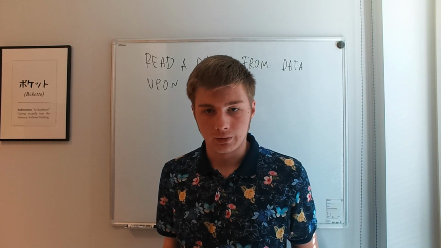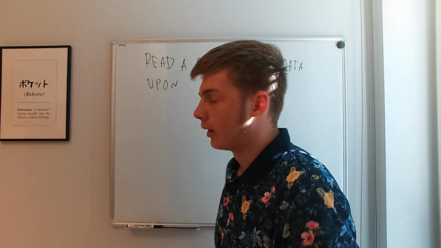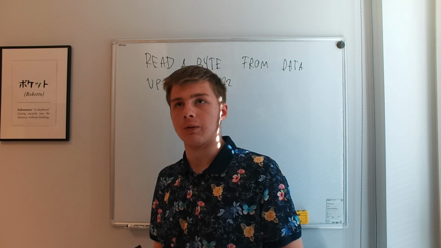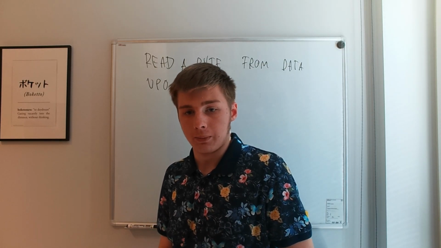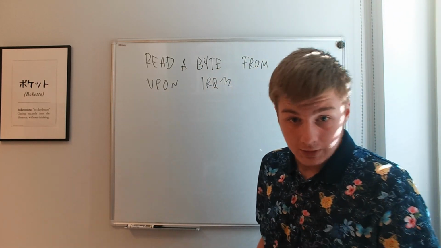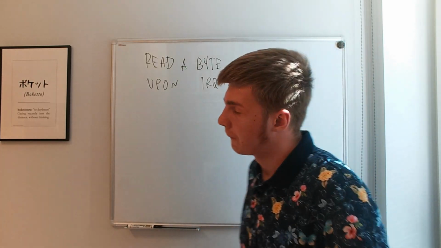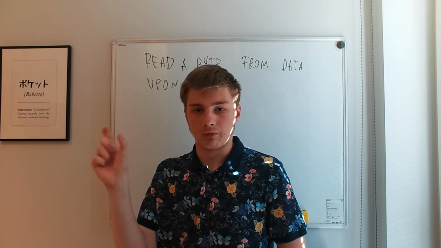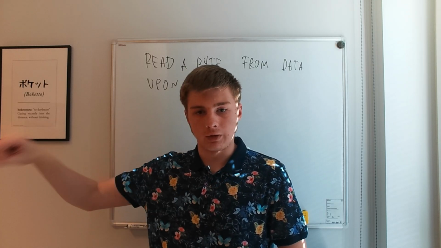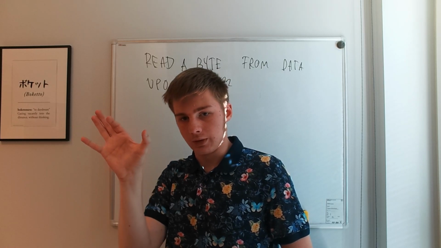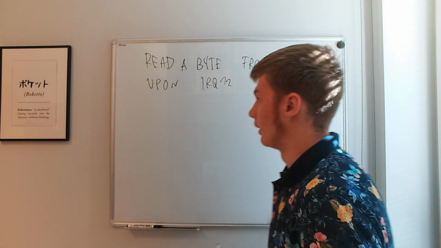And in your handler, so in your interrupt service routine 12, what you should do is read a byte from the data port, the PS2 data port, of course, which is 60 in hexadecimal. And you should store it in a buffer, right, where the index of the buffer should start at 0 and then you can increase it modulo 3. So that you can get those whole buffers that the mouse will send.